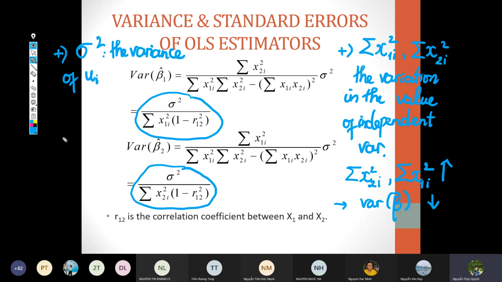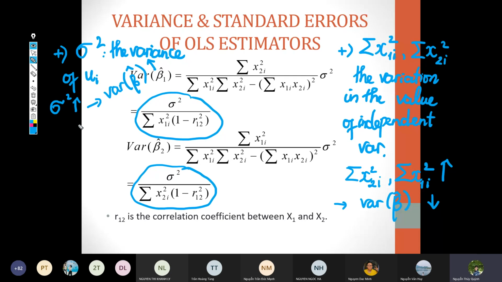How does it affect the precision of the OLS estimators? When we have higher variance of ui, the variance of beta hat will be higher, larger, and then we will have less precise OLS estimators.